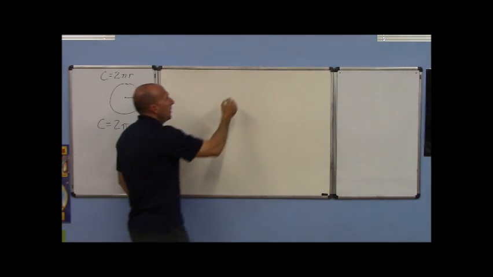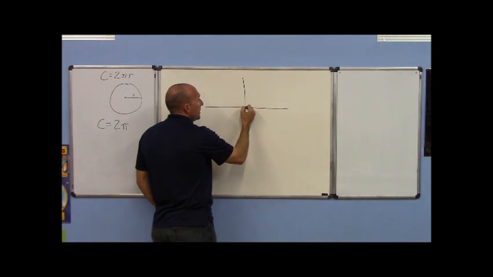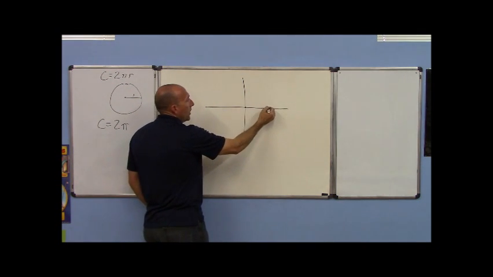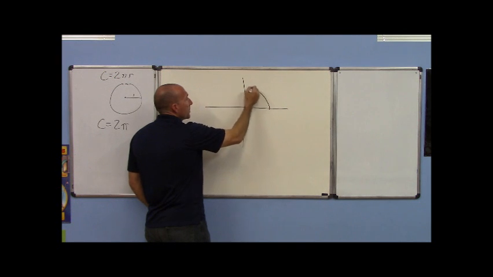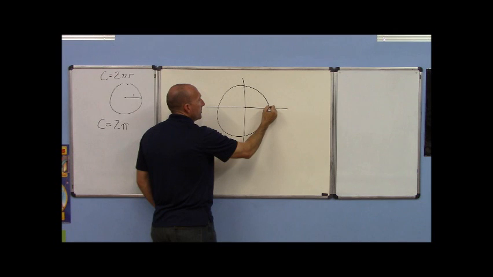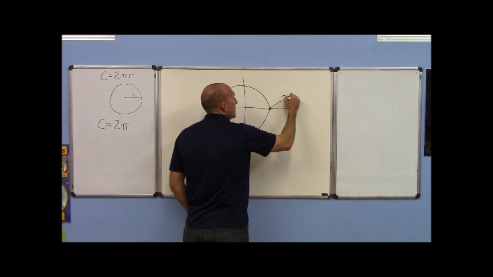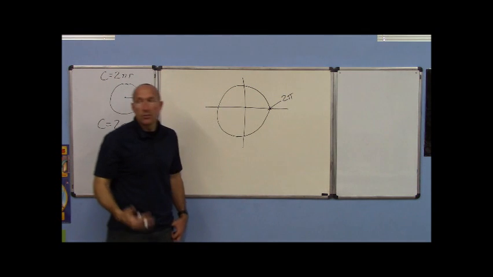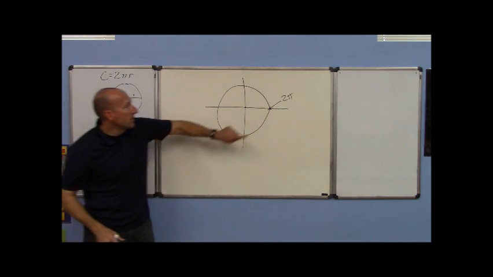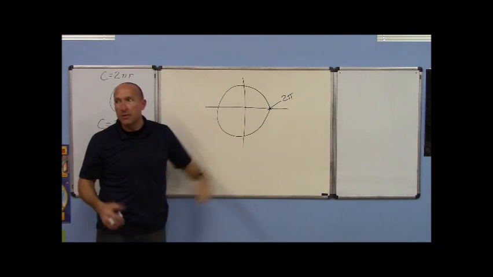Now what that means to us is when we're looking at a Cartesian plane, from this point we go 1 unit out, as it circles all the way around and comes back to this point here, that value is 2 pi. 1 lap all the way around the track and back to where you started from is 2 pi.